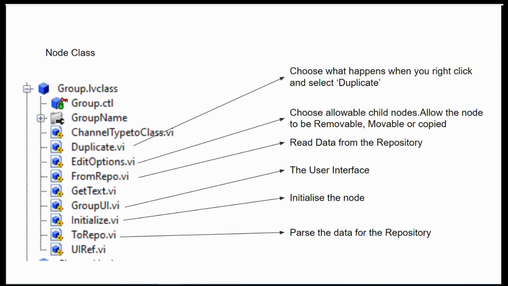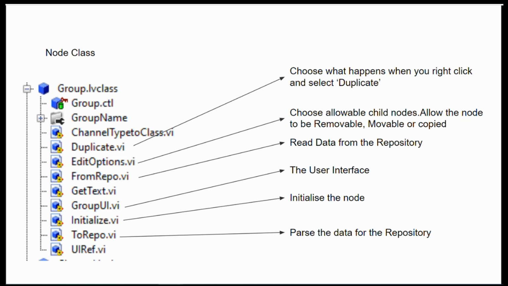Edit options chooses allowable child nodes, which is basically when you right click a tree node and you have the add function, which then shows you the allowable nodes which can be added under a certain tree node. The names of those nodes, and whether a node is removable, movable, or copyable, are in the edit options. If you remember the Serial node, you couldn't move it, remove it, or copy it. So you're in a way limiting the devices over there.